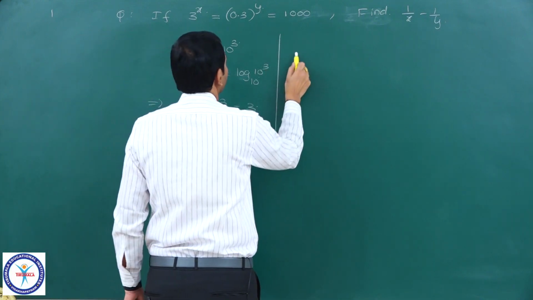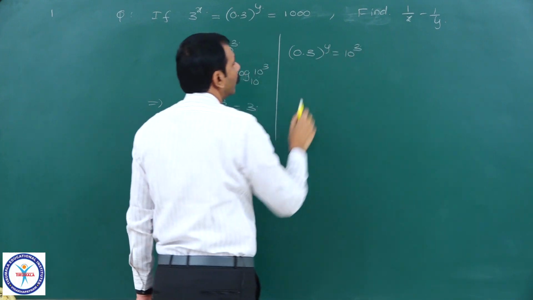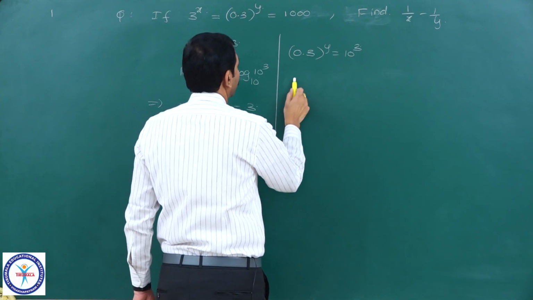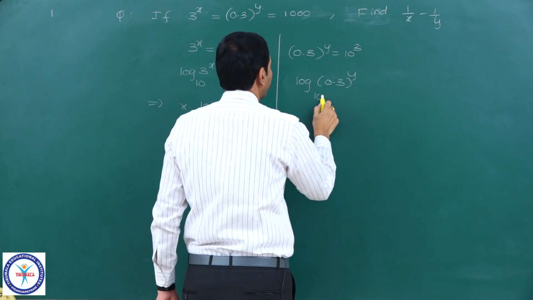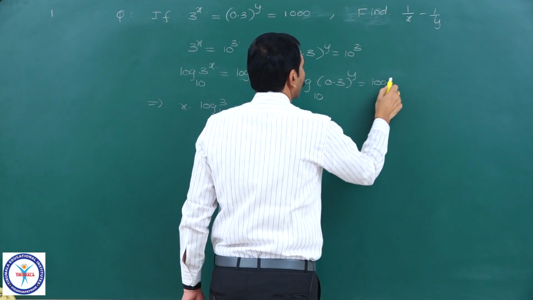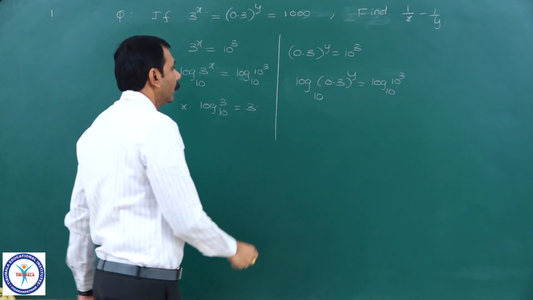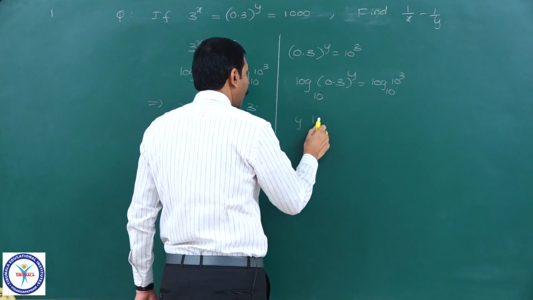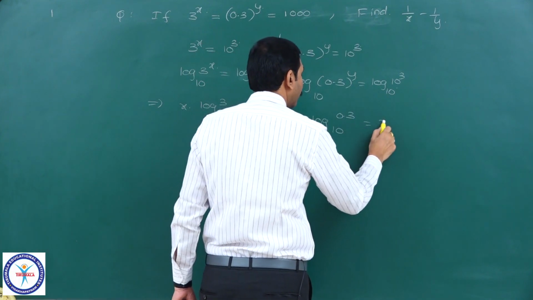Next, 0.3 whole power y is equal to 10 cube. Take logarithm to the base 10. Log 0.3 whole power y to the base 10 is equal to log 10 cube to the base 10. Therefore, here it is y log 0.3 to the base 10 is equal to 3.